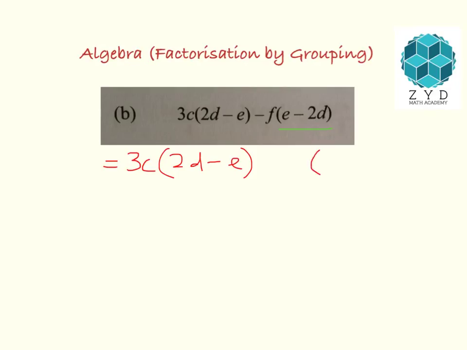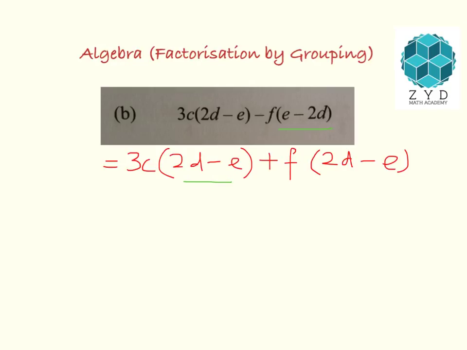Instead we are going to put 2d minus e, which is the same as this 2d minus e. And since we have flipped this term, the minus f becomes a positive f.